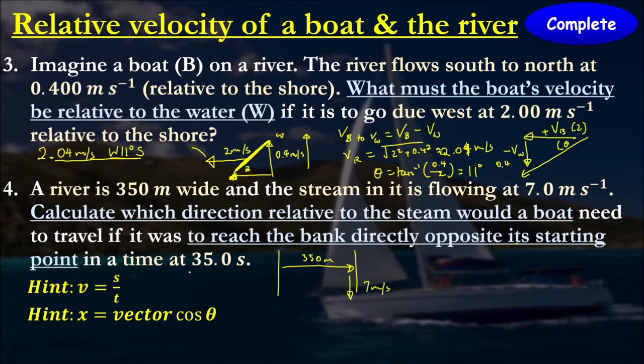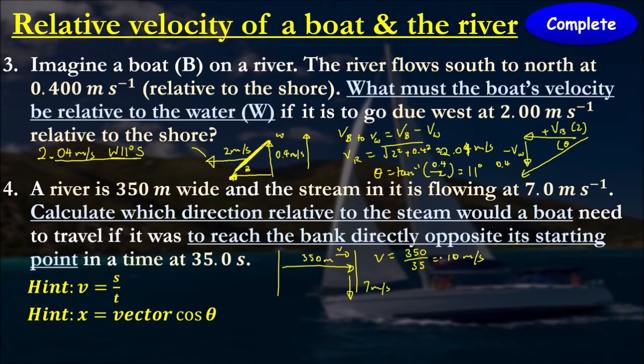at time 35 seconds. Okay, so let's work out how fast we are trying to move to get across 350 meters in 35 seconds. So the velocity is 350 meters within 35 seconds. So that should be about 10 meters per second.